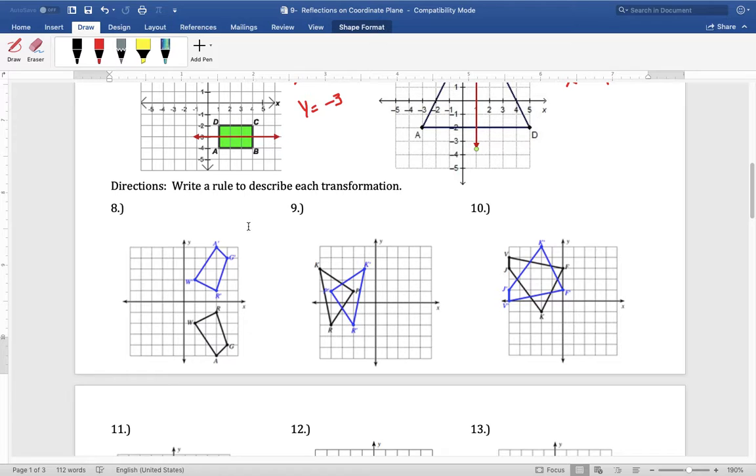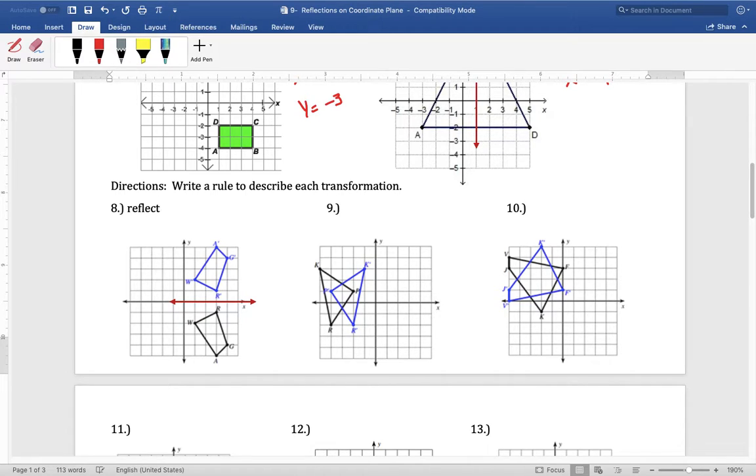But again, we're trying to figure out how this black figure, in this case a quadrilateral, reflects over to the blue one. And if I borrow this line again here, you can see that this one would be a reflection over this line. If I were to ask you what this line is, you could tell me it's y equals 0, but you can also describe it simply as the x-axis. So there's 2 answers for this one.